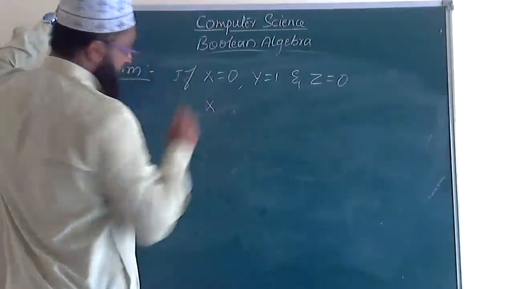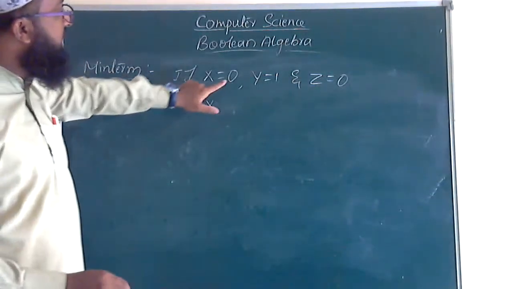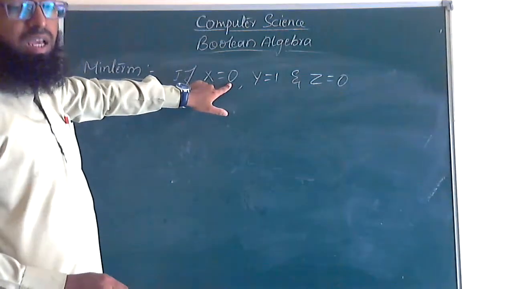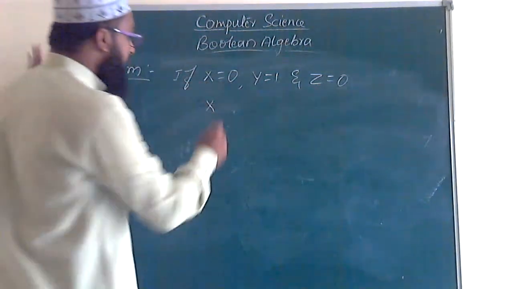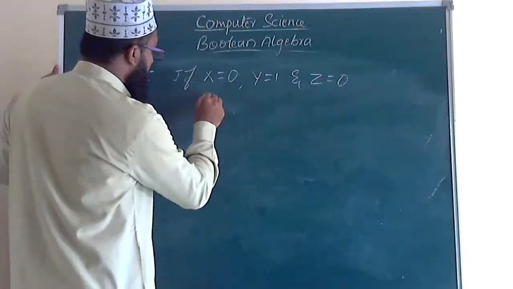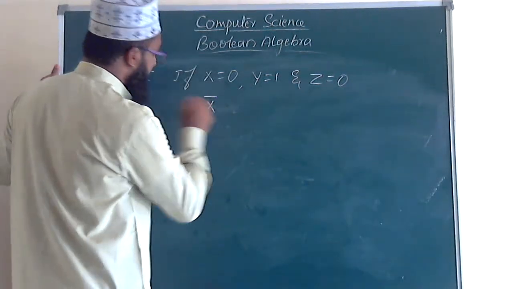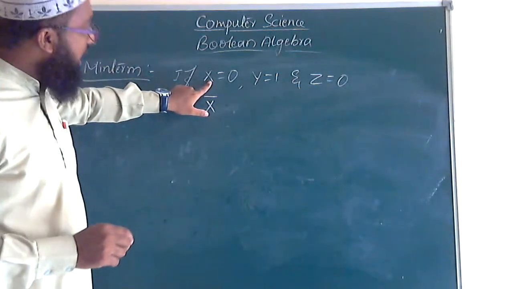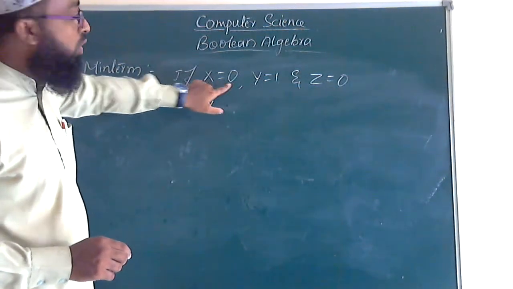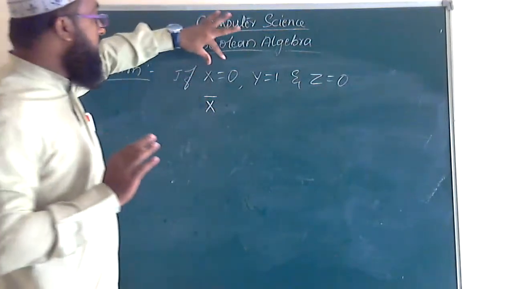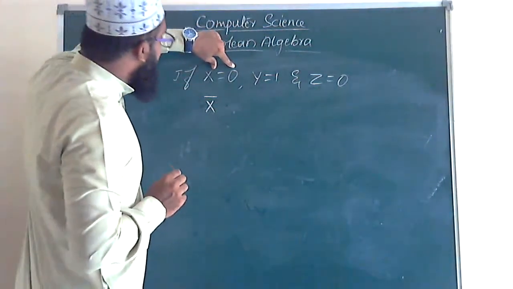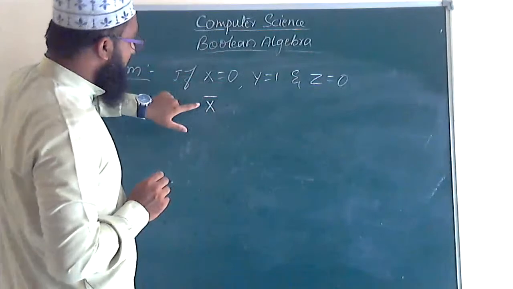Take x and see the value of x. If the value of a variable is 0, then think of this as the complement of that variable. If any variable contains 0, put bar for that variable.